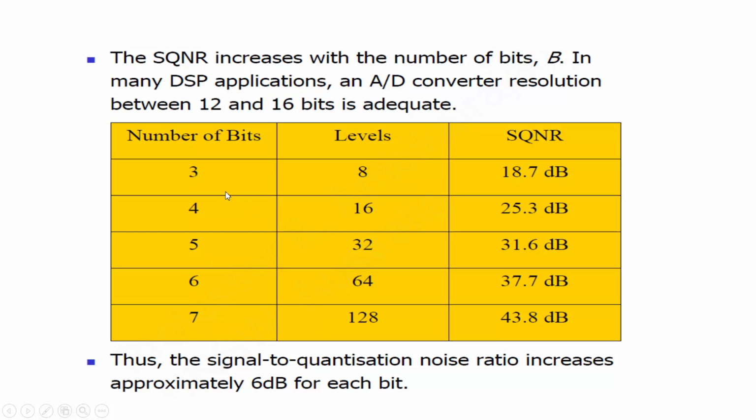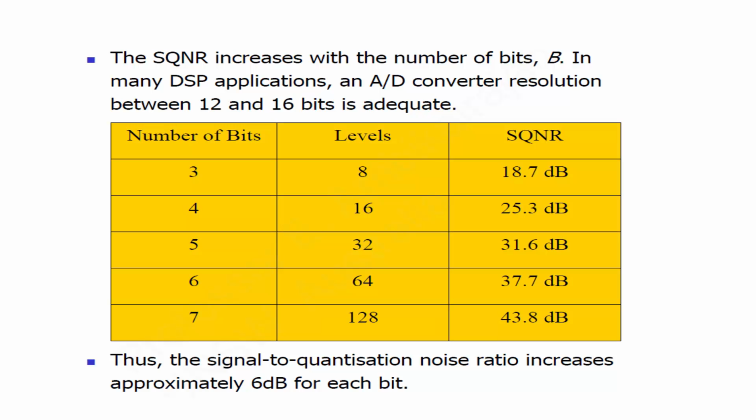And if you look at all the variations of the number of bits in the A to D converter, you will see that with every increase of 1 bit, there is approximately a 6 dB gain in the SQNR.